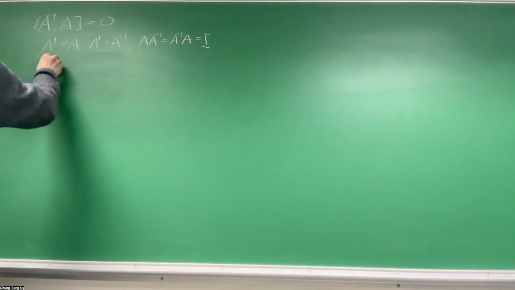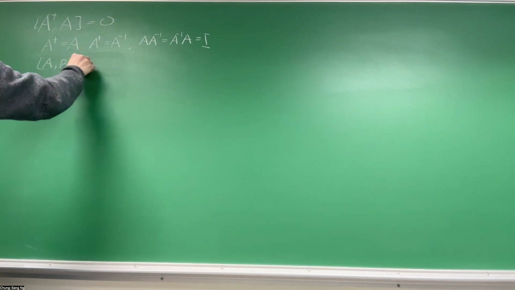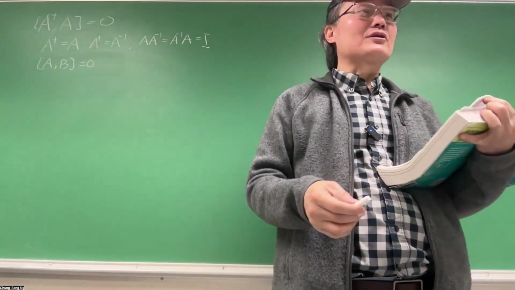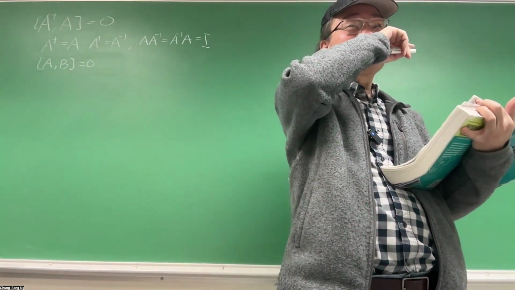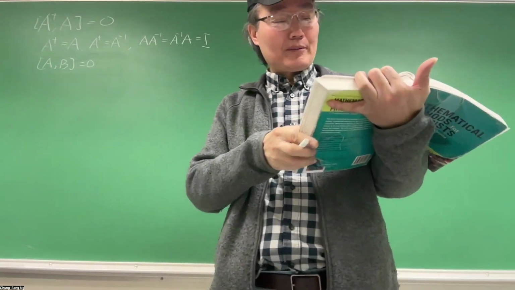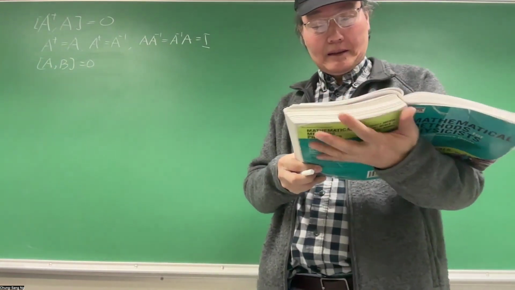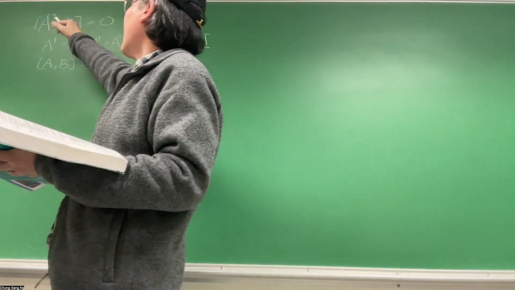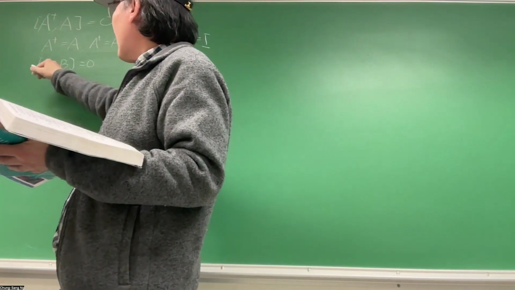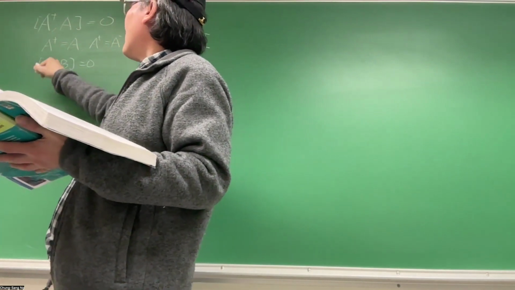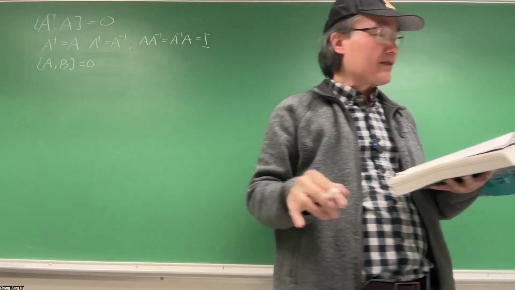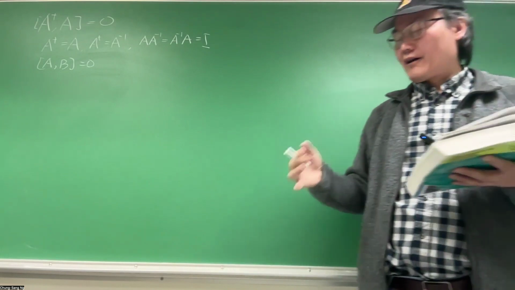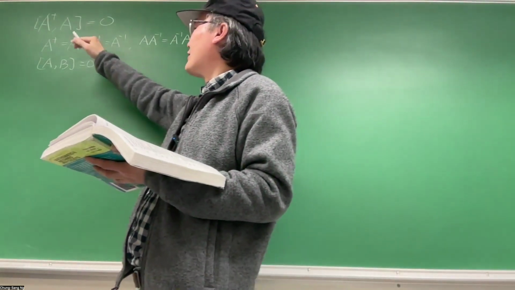If you have two operators A and B that commute, then they will have common eigenvectors. You learn about that in quantum mechanics. The only thing that is more general is that the eigenvalue of A dagger is the complex conjugate of that of A.